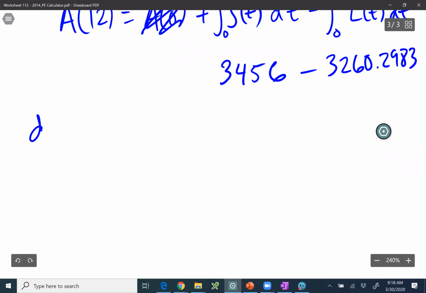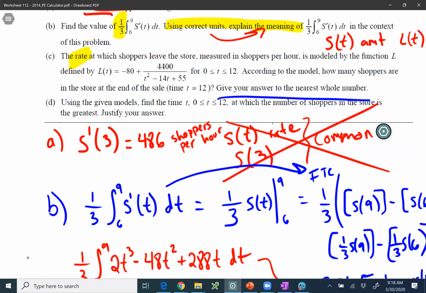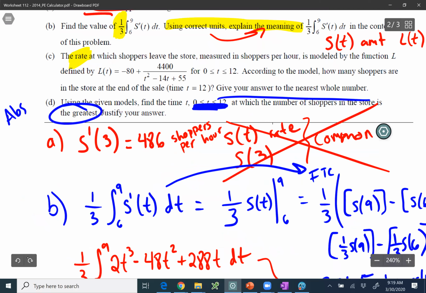Okay, and then lastly, part D says, using the given models, find the time where the number of shoppers in the store is the greatest, and we have an interval. So this is absolute max. Anytime we want the greatest or the least or any words like that, and we have some interval, we know we're doing absolute.